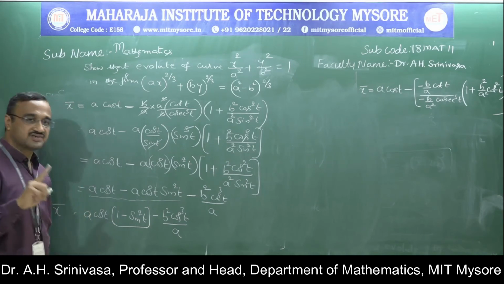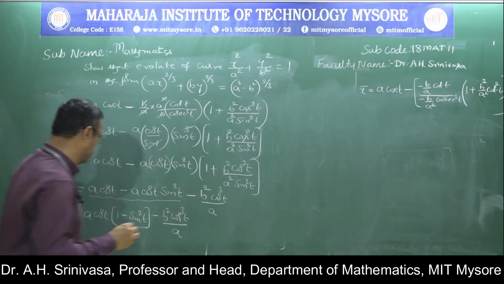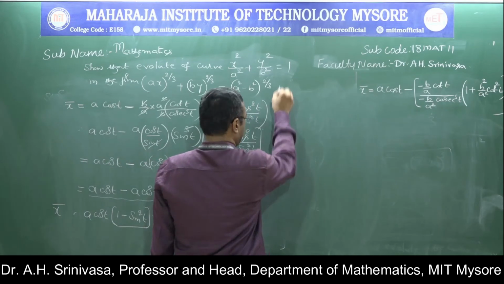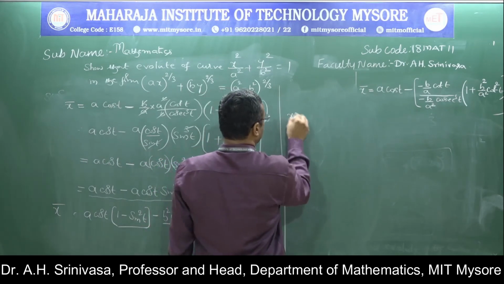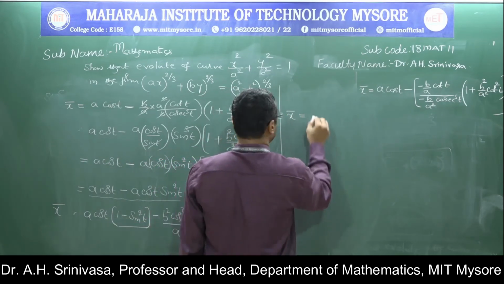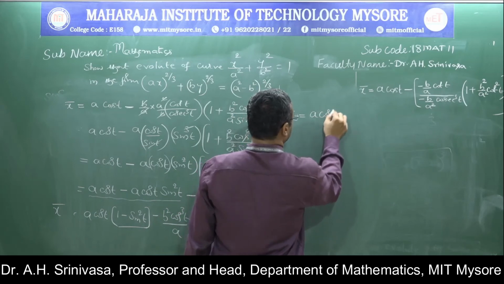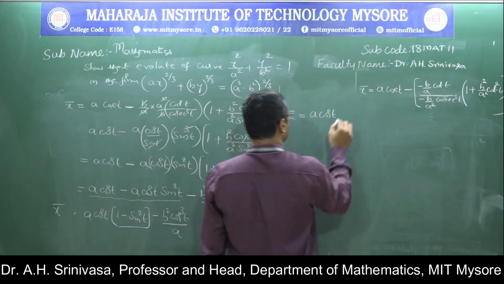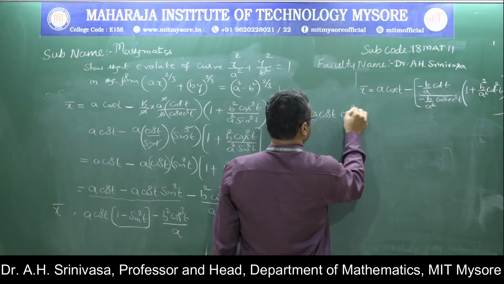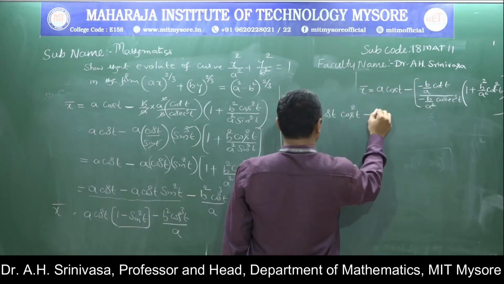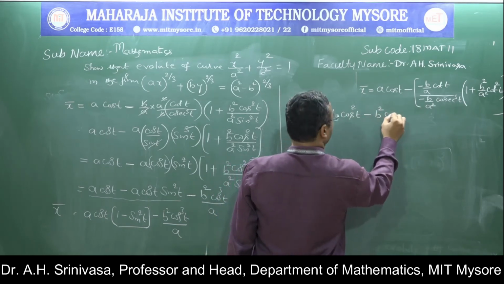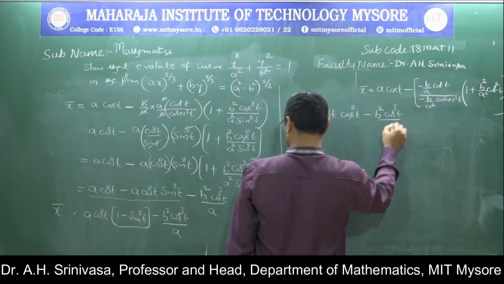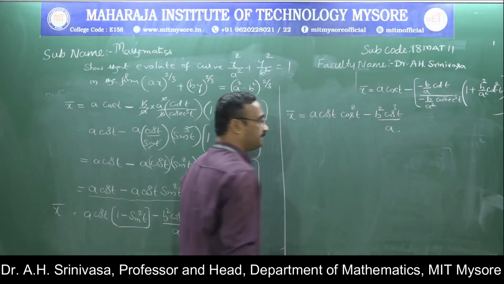You can write 1 minus sin square as cos square t. Then x bar should be equal to a cos t into 1 minus sin square is cos square t minus b square cos cube t divided by a.